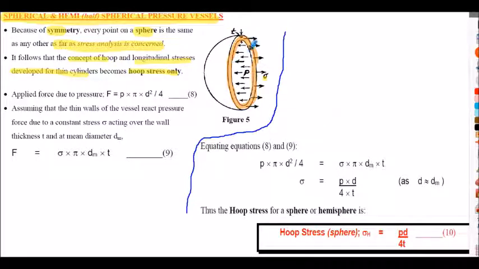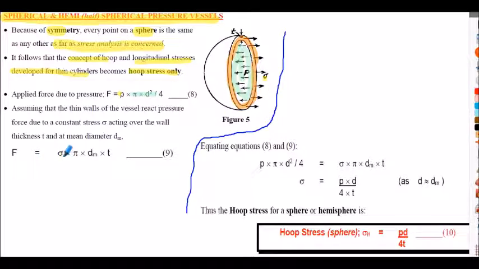Because if you think of the pressure here, the force due to the pressure would be the pressure multiplied by the internal area. So there's my internal area. Multiply that area by the pressure that's applied, and we would get the force trying to literally force apart the hemispherical vessel, and it's reacted by the stress in the vessel wall, the sigma.